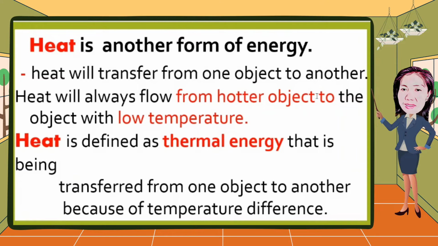The movement of heat is from hotter object to low temperature. So heat is defined as thermal energy that is being transferred from one object to another because of the temperature difference. So what caused the heat transfer? This is because of the temperature difference.